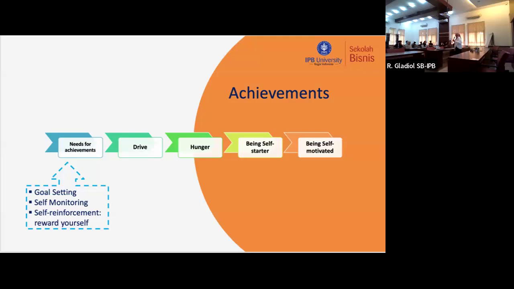So at your age, please do that. Make your goals very clear, very smart, and don't forget to share them with your parents or friends. It will keep you motivated.